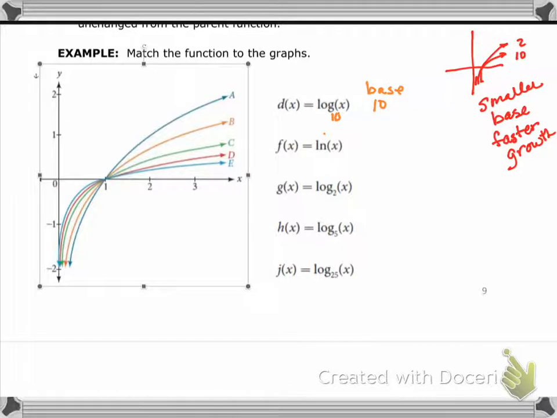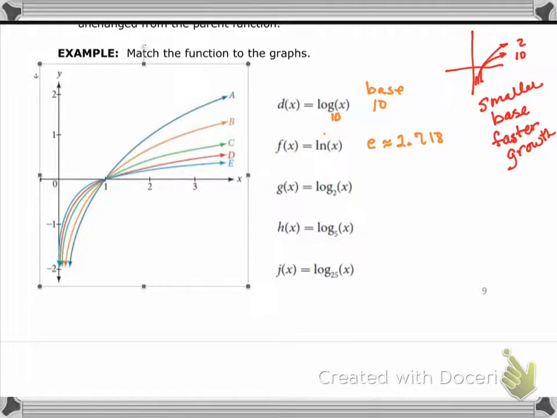This one's ln, so that's e, which is approximately 2.718. You have a key on your calculator, little e, and if you ever need to know what it is, just get that little e and hit enter, and it will give you what e's value is.